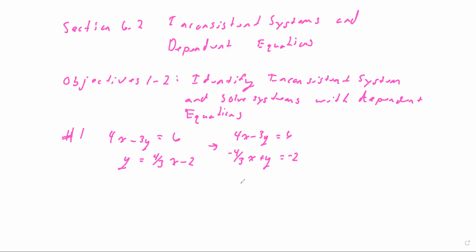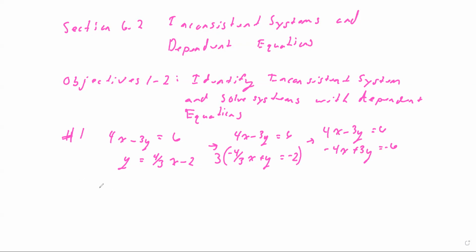For the sake of no fractions, I'm just going to multiply by 3. It makes your life a little bit easier, but you don't have to do this part. When I do that, I get negative 4x plus 3y equals negative 6.